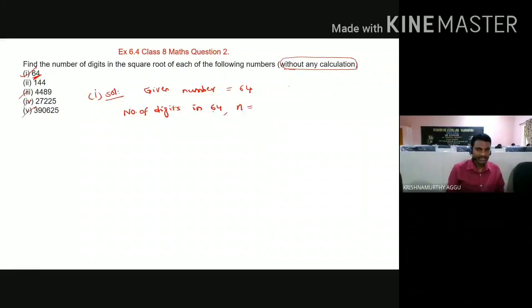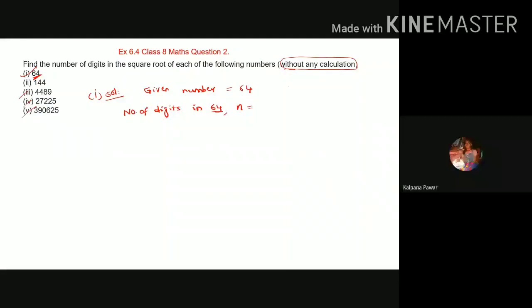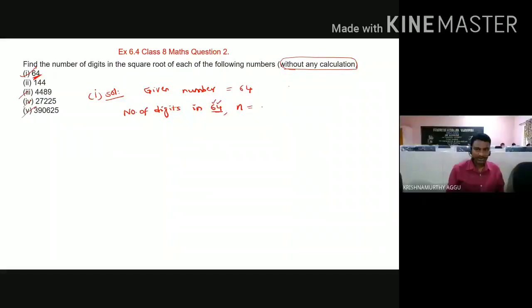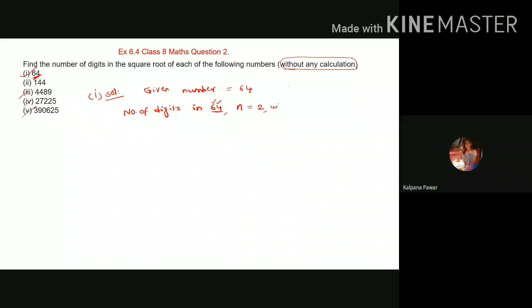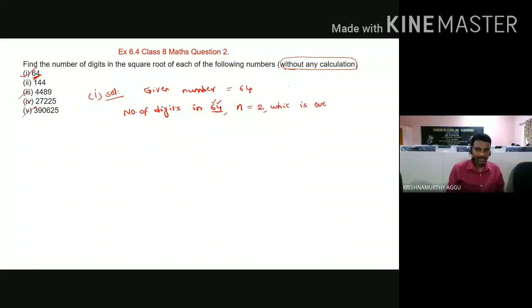How many digits are there in this number? 2. Is 2 an odd number or an even number? Even.